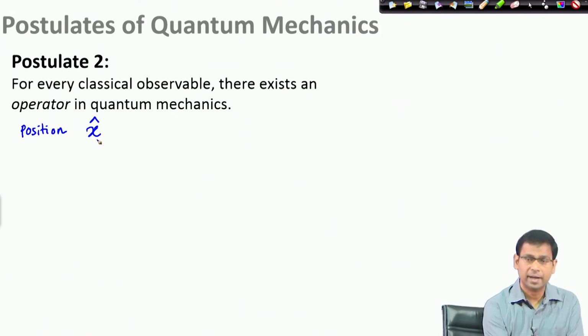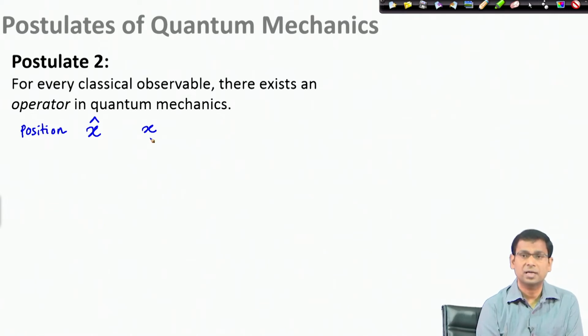So, this operator x hat, its action is simply multiplication by x, which is the variable along that dimension.